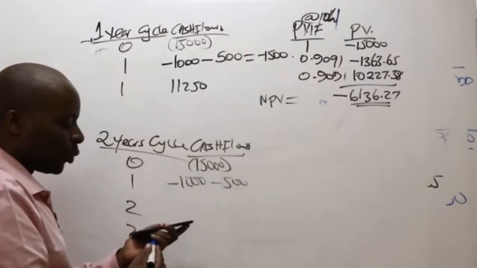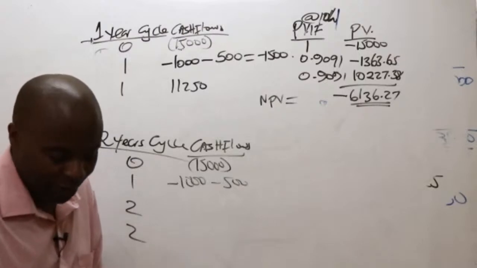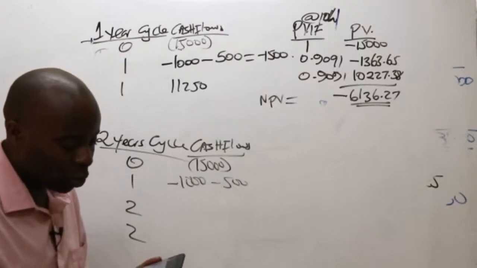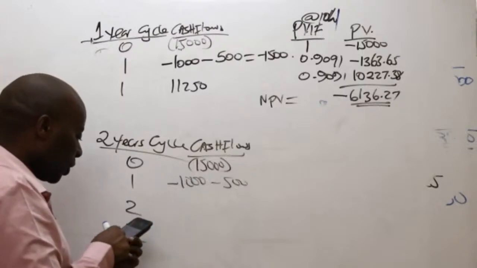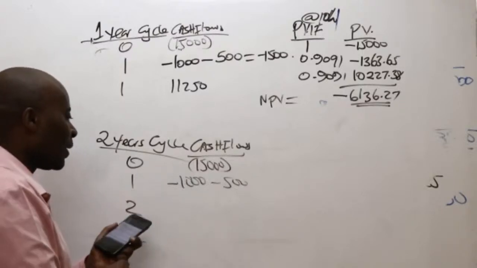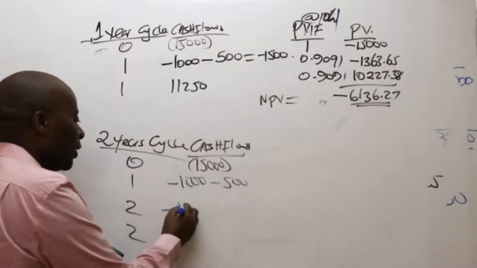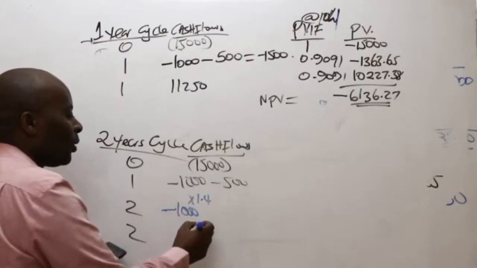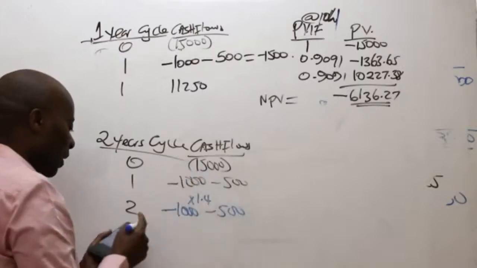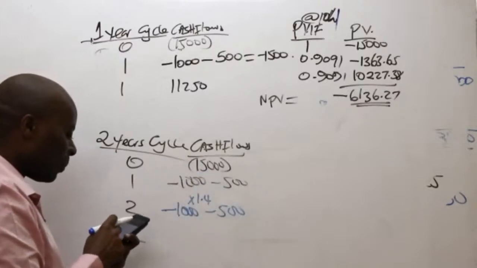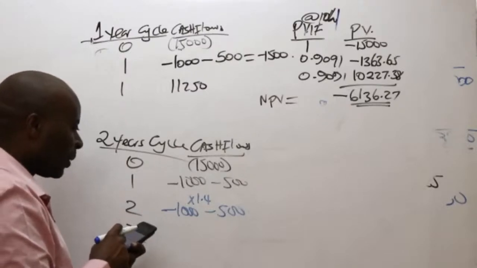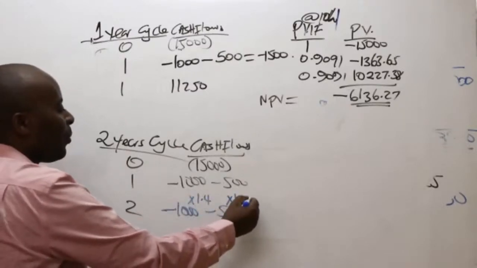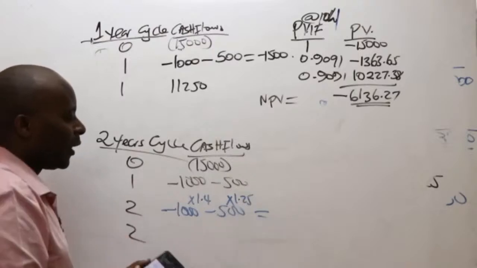But from year 2 onwards, they have told us we expect the servicing cost to go up by 40%. So this will be minus 1,000 times 1.4, minus 500, and this 500 is also going up by 25%, so times 1.25.